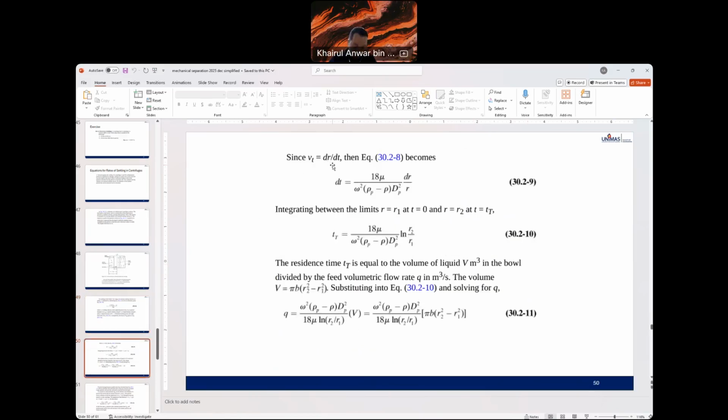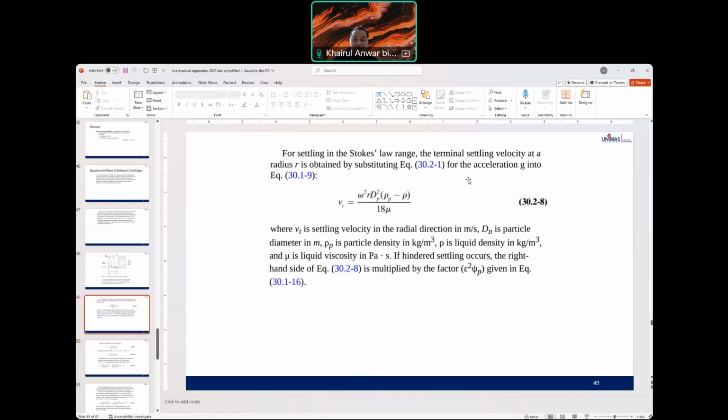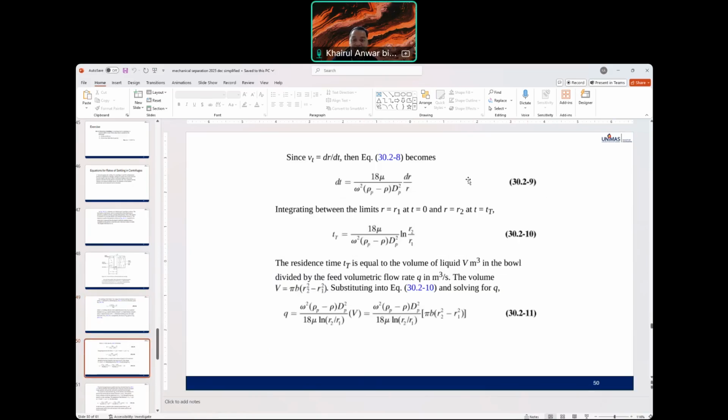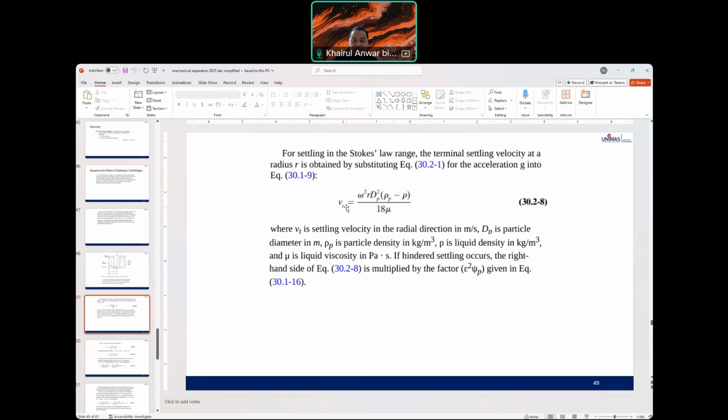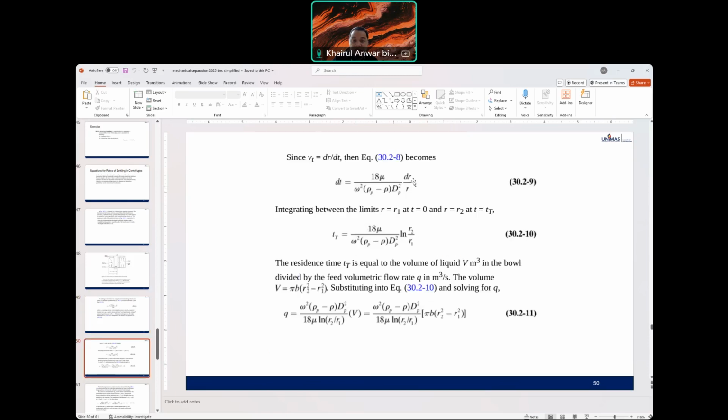Since Vt is equal to dr over dt, then equation 30.2-8 becomes 30.2-9, meaning we substitute Vt with dr over dt.